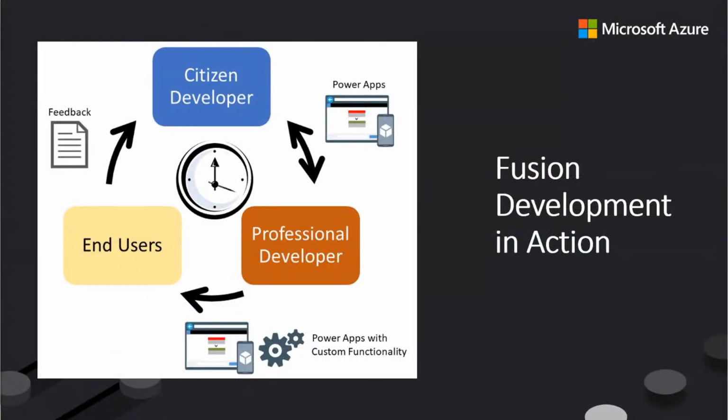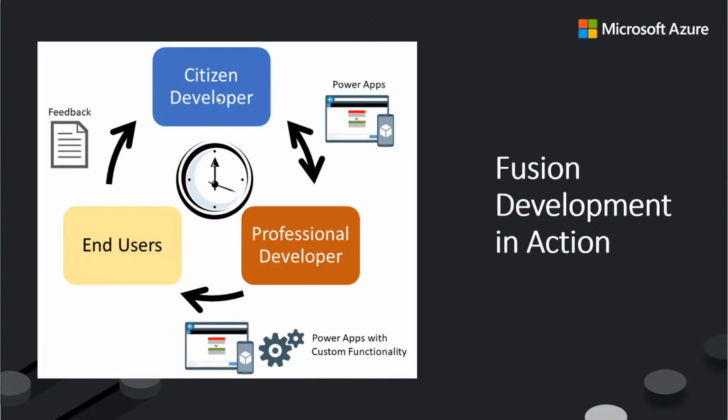Here's how this works in action. We saw how the process works, but we can have a citizen developer building a front end in Power Apps, how they want to interact with the application that they need built. They can send that off to a pro dev, and they can talk back and forth.